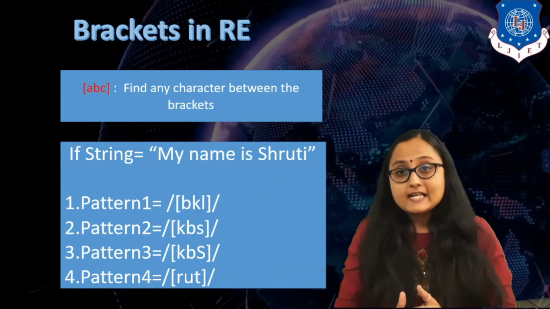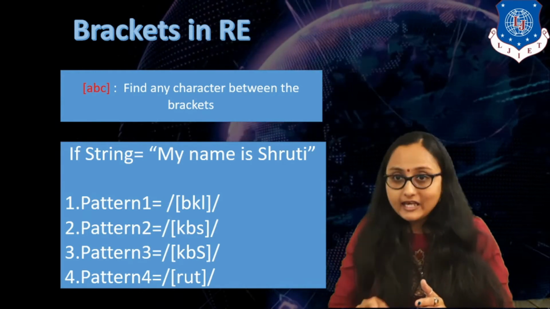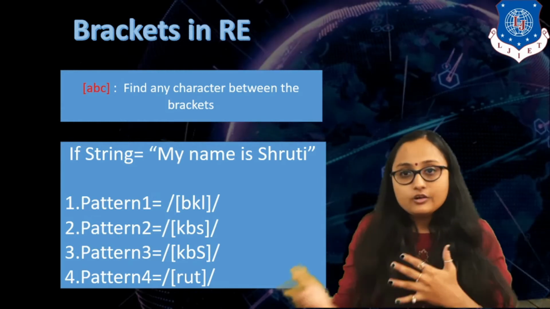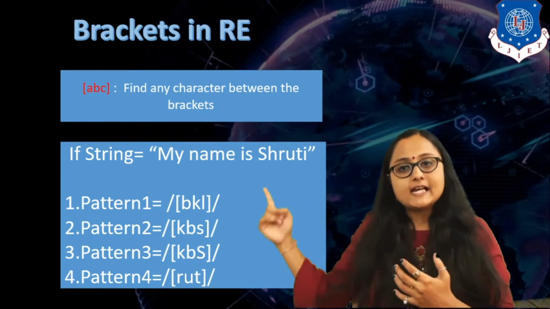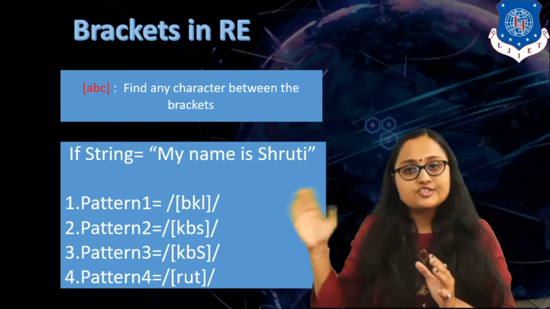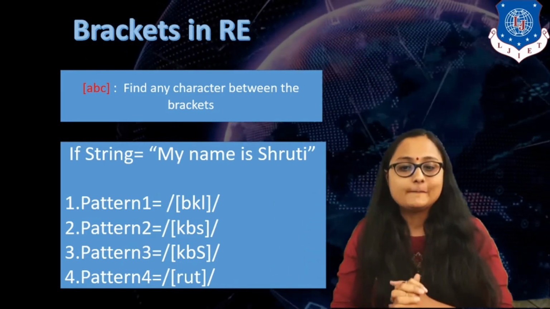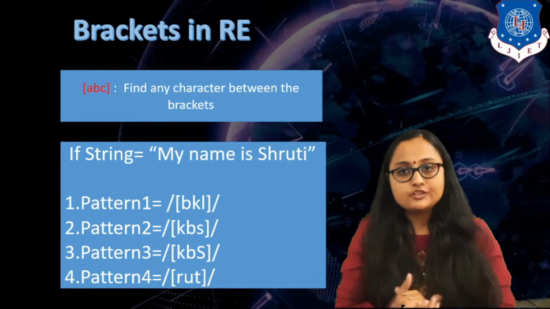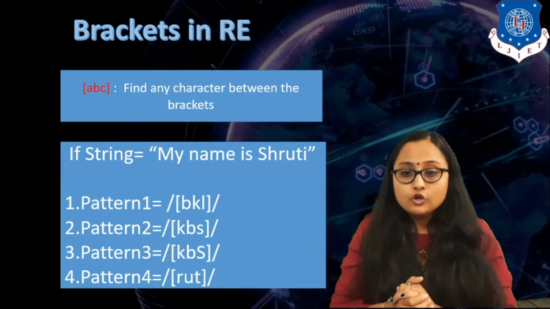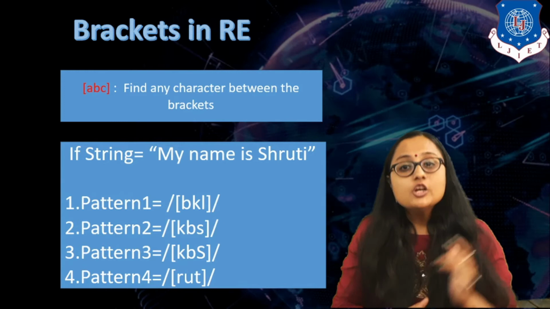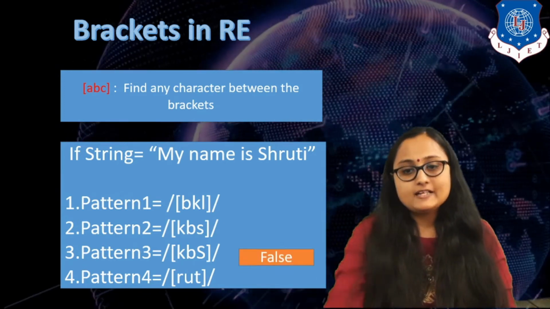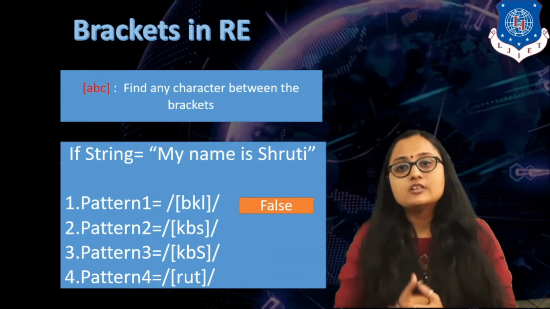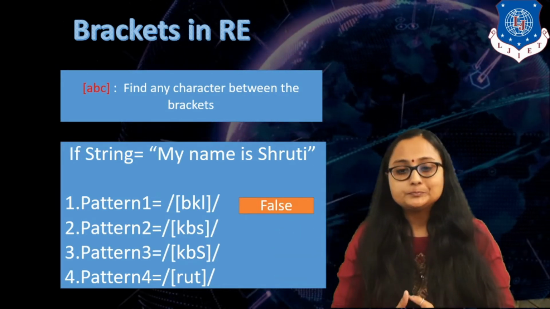It means that either B or K or L, individual alphabets, if any of them is present inside my string, then the string is valid according to this pattern. Is the B character present in my string? I cannot see B. Is K present? No. Is L present? No. So according to the first pattern, my string is not valid, and the answer for the test method will be false.